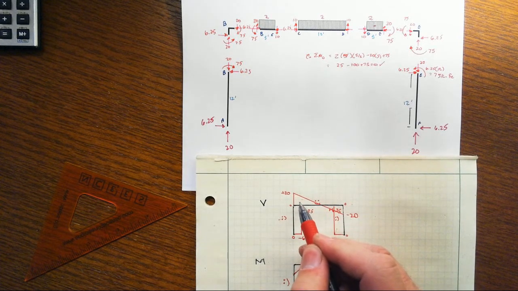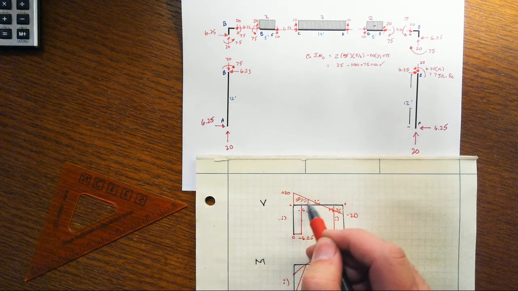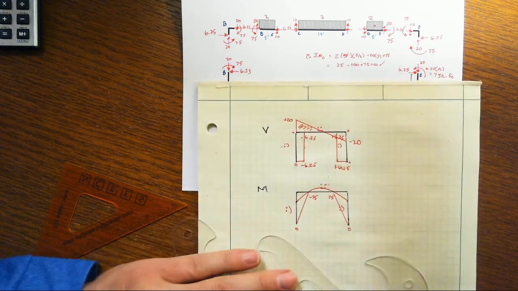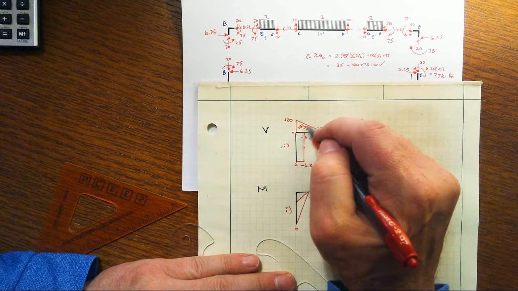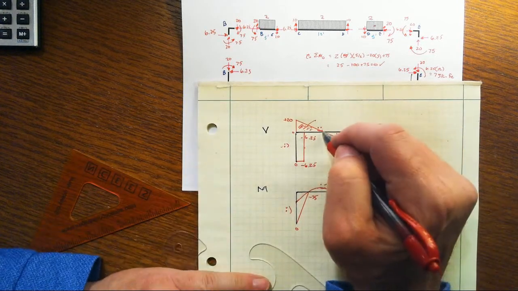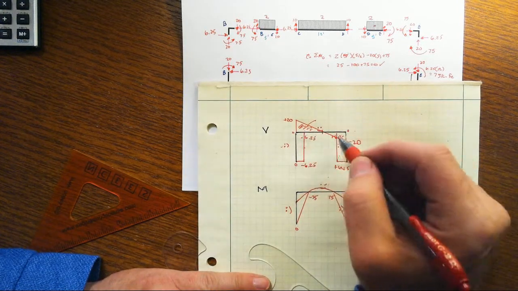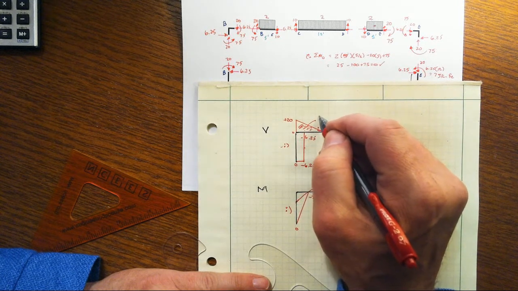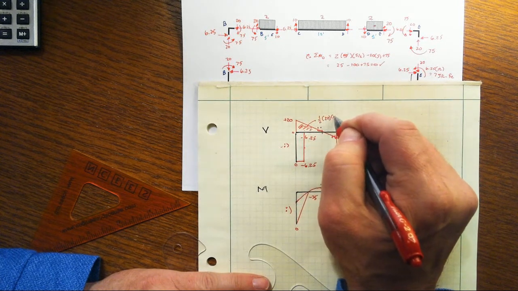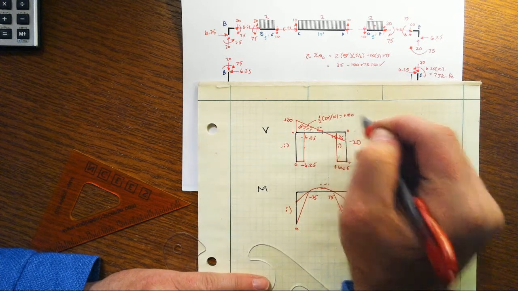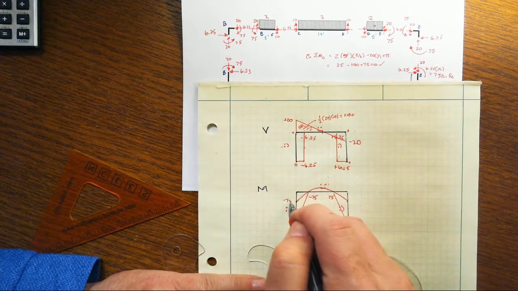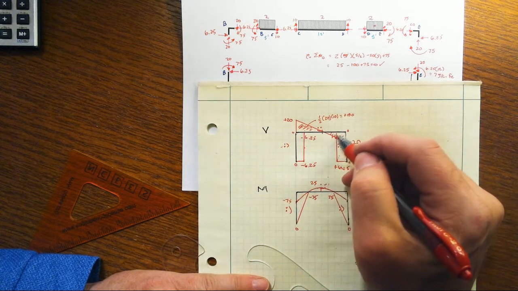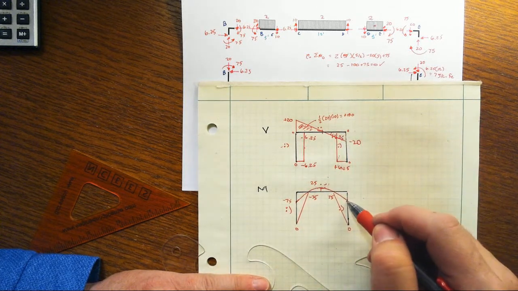We have a change in moment that's equal to this area in the shear diagram, and so that total change from the left to the midpoint, we know it's the midpoint because of the anti-symmetry of the shear diagram. So that total net change is 1/2 of 20 times 10, or a plus 100. So we started off at minus 75 plus the 100, we come up to 25 there, and then we'll decrease again back down, and that'll take us to here.